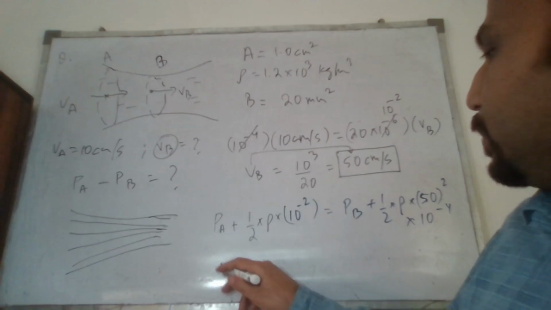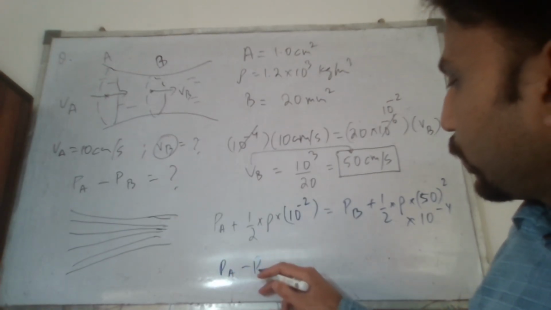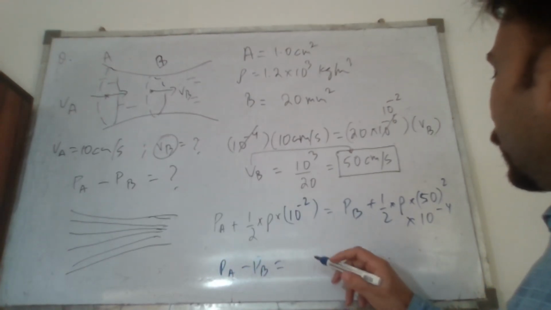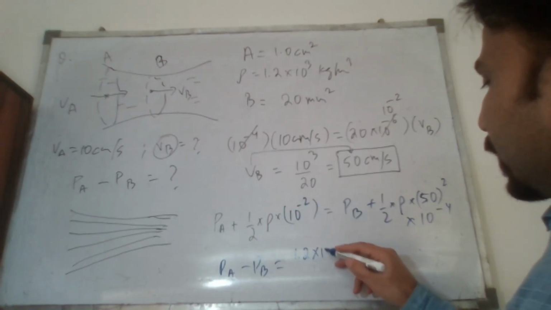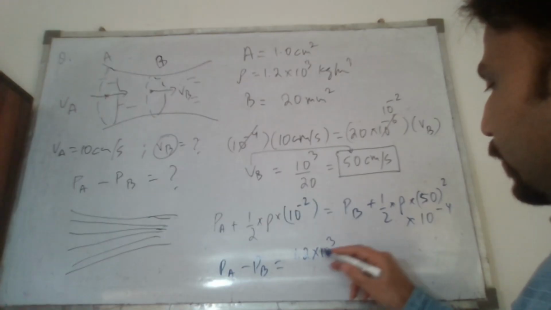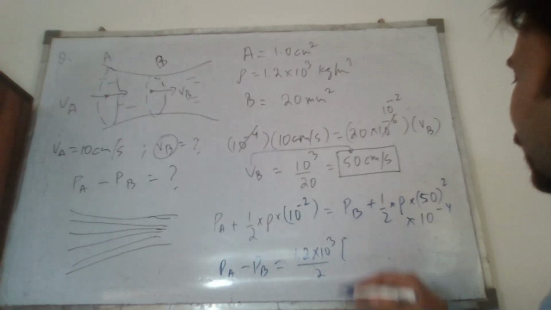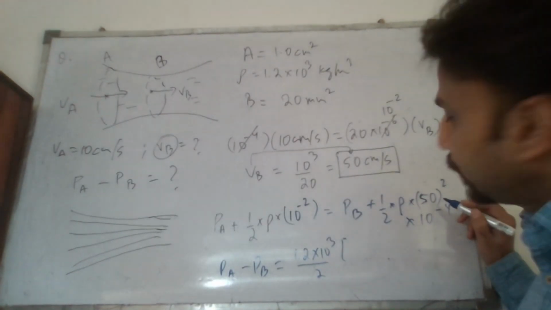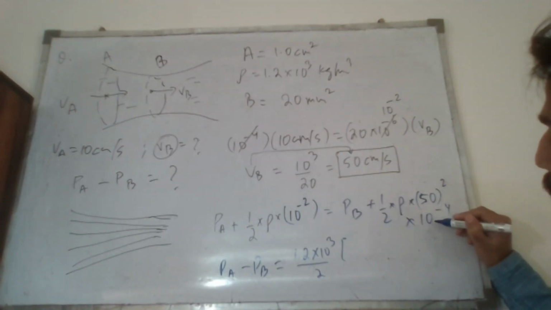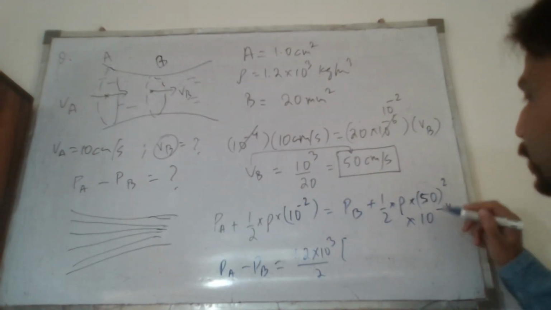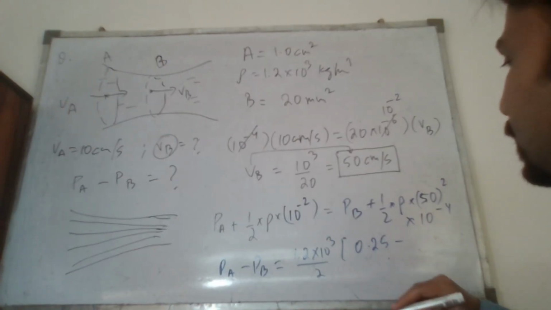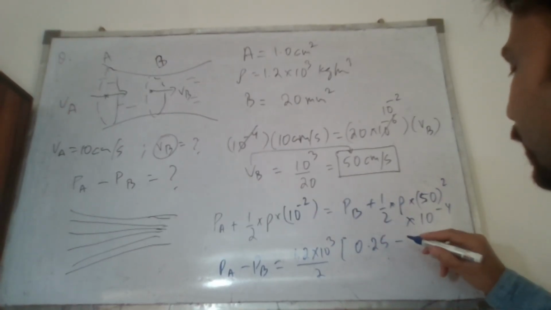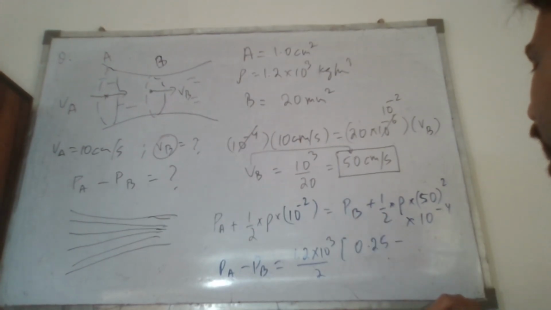So this is PA minus PB. Its value will be 1.2 into 10 to the power 3 divided by 2, into 2500 divided by 10,000, that is 0.25, minus 0.01.